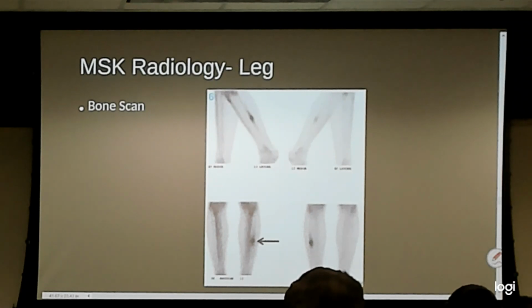So the last time I used one was when I had a patient that had stress fractures in more than one area. So they had March fractures and shin splints that we were suspecting were also stress fractures.